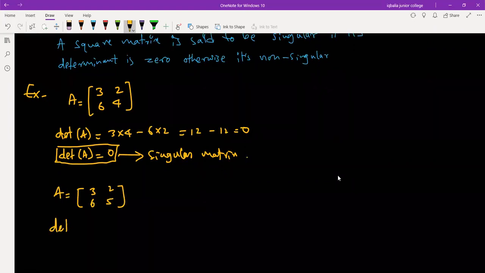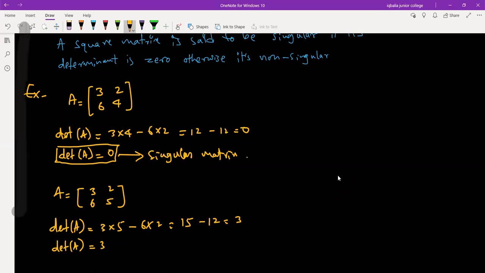Then the determinant of A will be 3 into 5 minus 6 into 2, then it will be 15 minus 12, then it's coming 3. So determinant A is equal to 3, that means it's not 0, so it's a non-singular matrix.